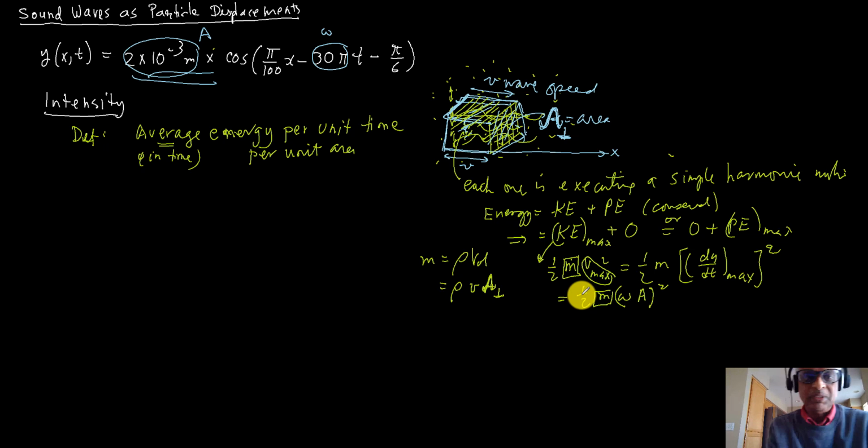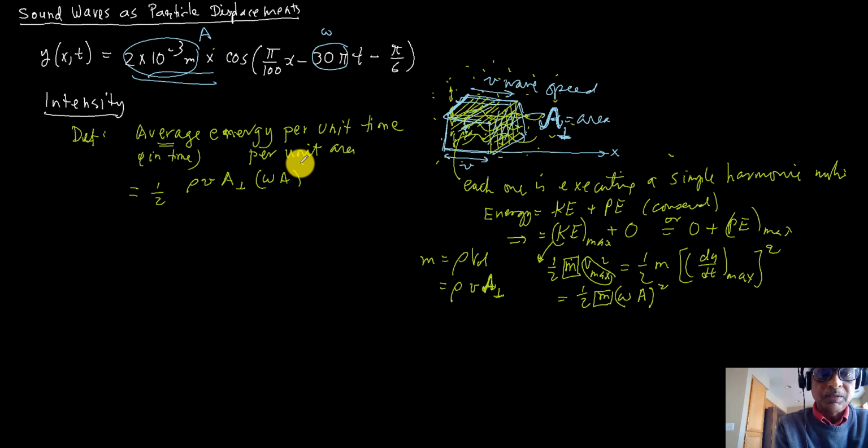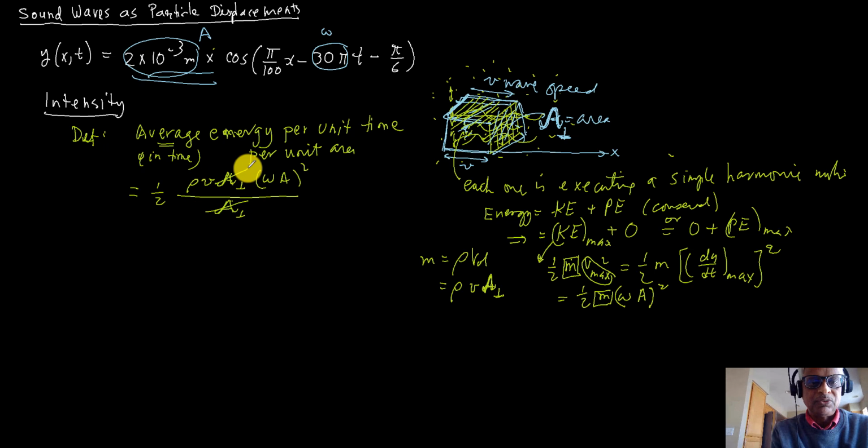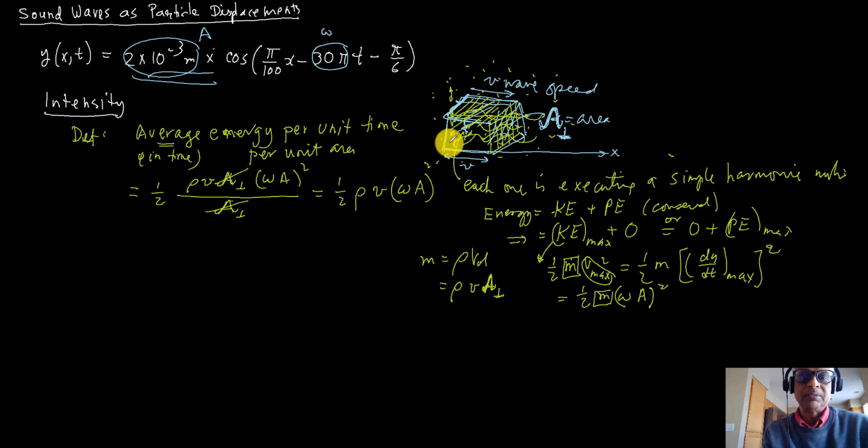So if I do this, that turns out to be half rho v A perp omega squared a squared, but I want per unit area, so this cancels out, and the formula for intensity is half rho v omega squared a squared.